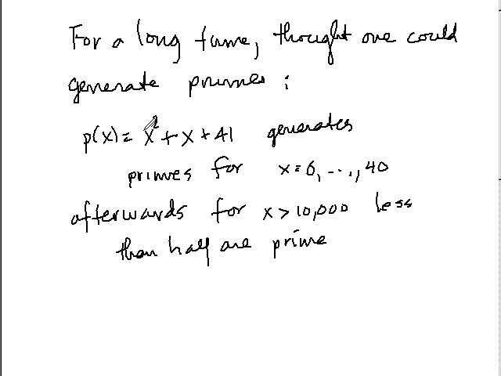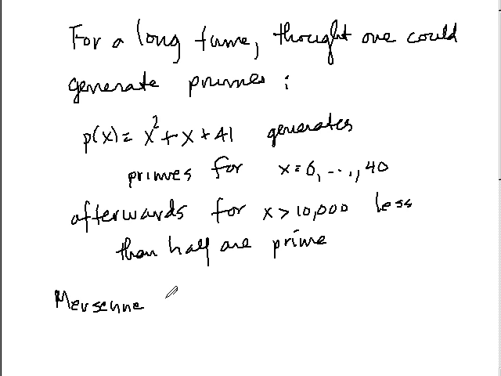Someone said, well, maybe we just need a bigger polynomial formula. x² + x + 17 generates primes for 0 to 15, but in general, no polynomial formula can generate only prime values. Now, people have graphed primes and tried to find statistical properties of primes. Another type of prime number is called the Mersenne primes.